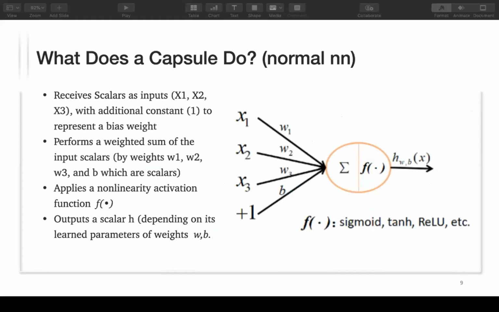They are all scalars, and then we calculate the weighted sum of the scalars by multiplying x1 with w1, etc. And then we apply the nonlinear activation function to the summation to get a scalar output. So this is for the normal neural network.